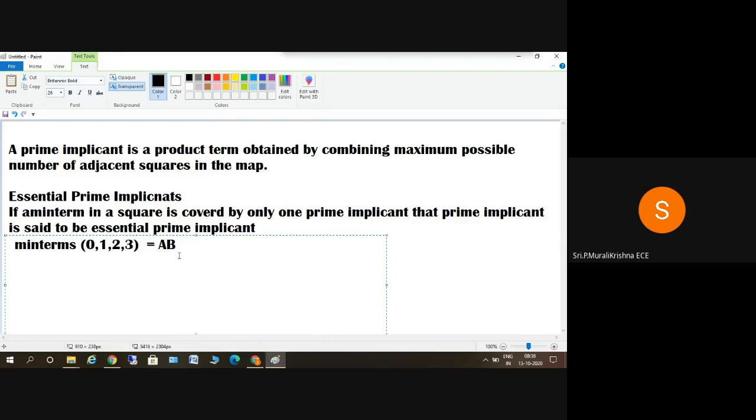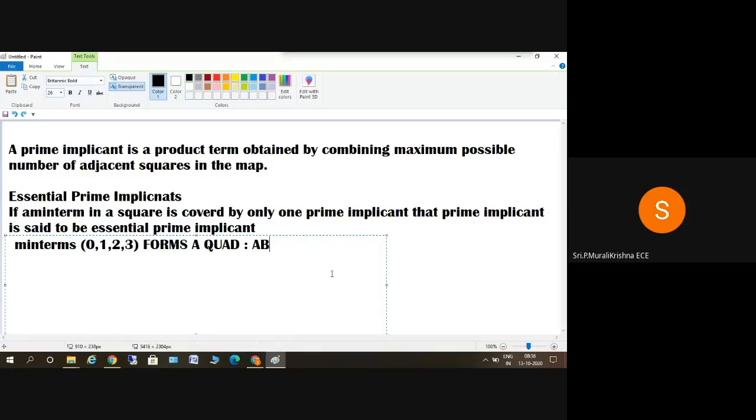So this AB forms a quad, and the output is AB. So AB is called a prime implicant here. This AB is a prime implicant.